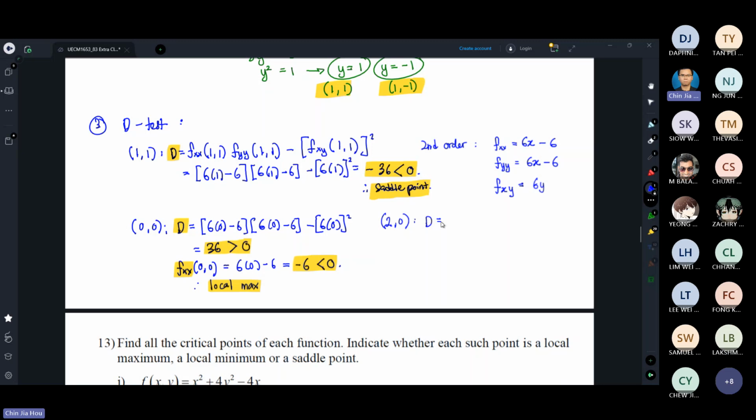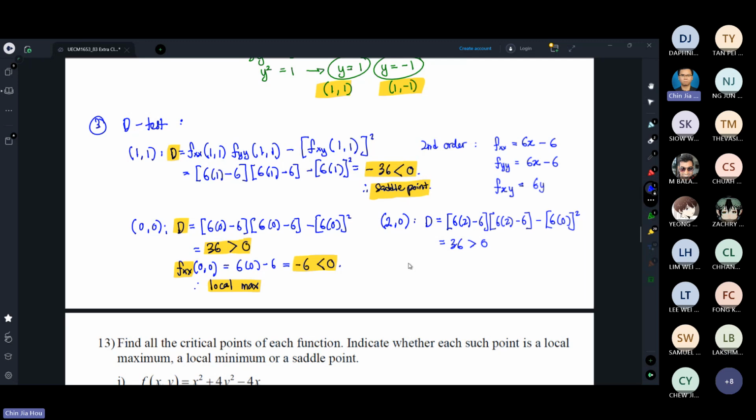D formula here is substitute 2 as well as a 0 into there. So we get again 36, which is more than 0.